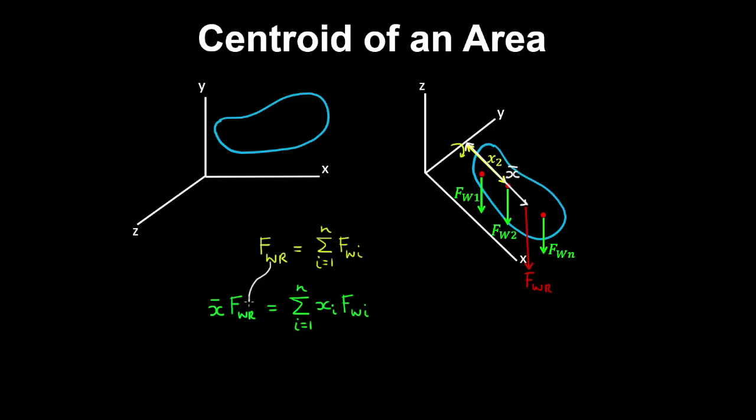Now if we substitute for the resultant force using this expression, we obtain the following expression where we have x bar by the resultant force, defined by this sum, is equal to the total moment produced, which is defined by the sum of moments on the right hand side. And now if we divide through by this term, we obtain an expression for the centroid for a discrete body.